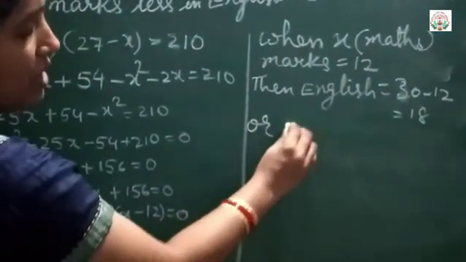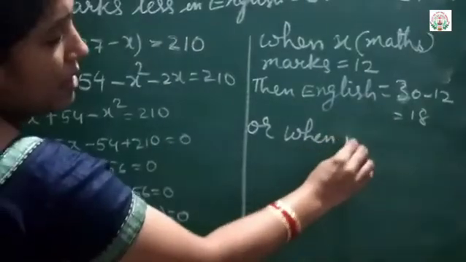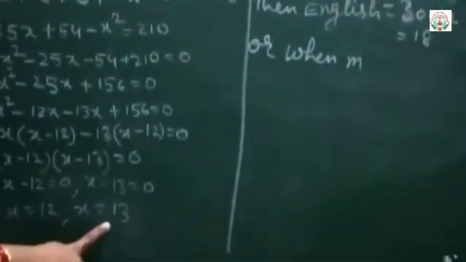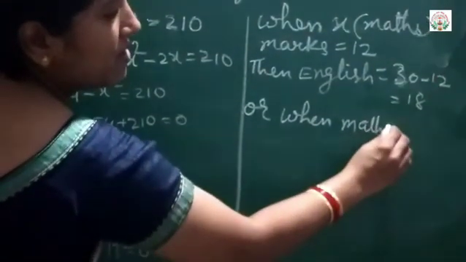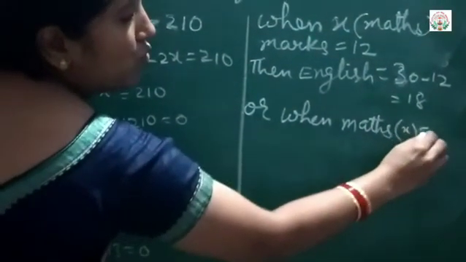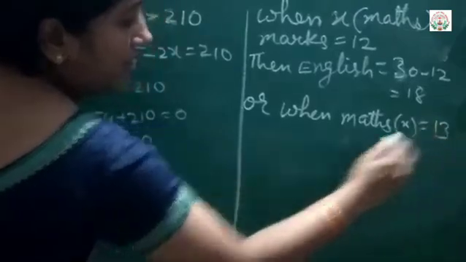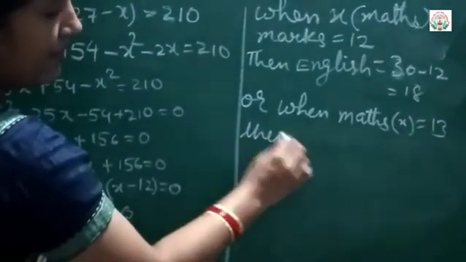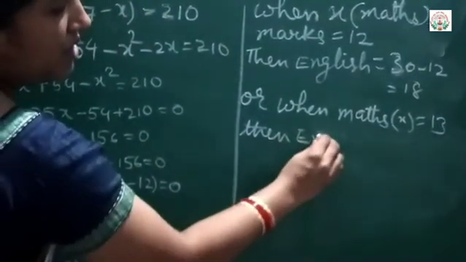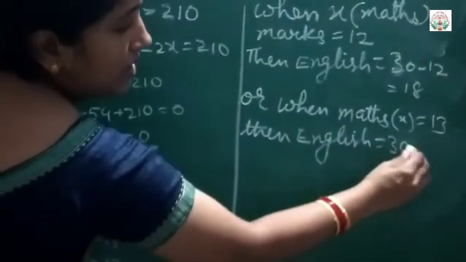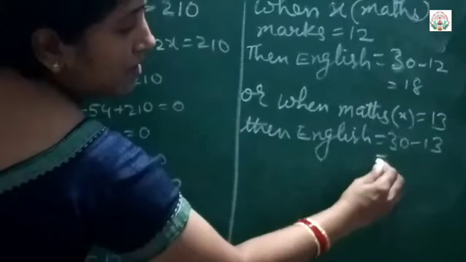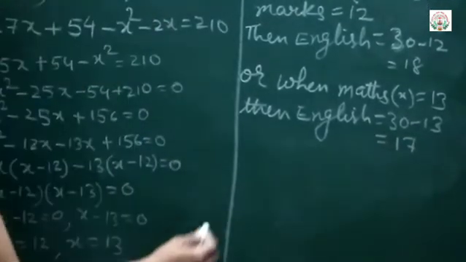Or when maths, second part, x value is 13, that also will include. So when maths x equals 13, then English will be how much? English equals 30 minus 13 equals 17.